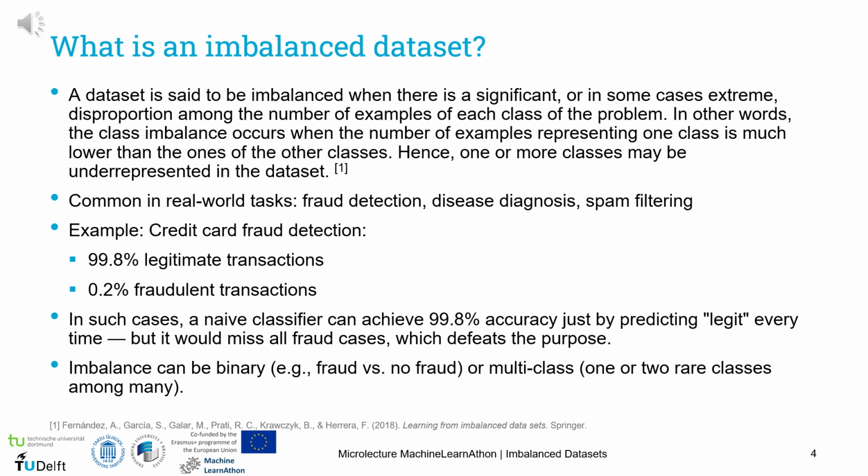And here's an example of how imbalanced a dataset can be. In credit card fraud detection, you might have 99.8% legitimate transactions and only 0.2% fraudulent transactions.